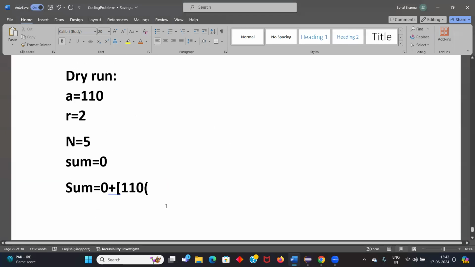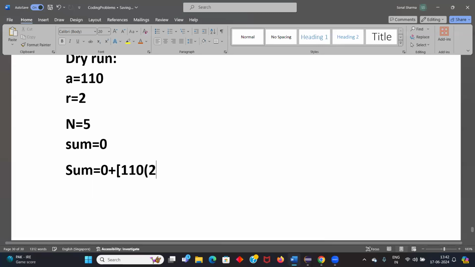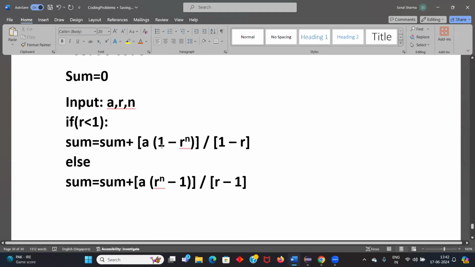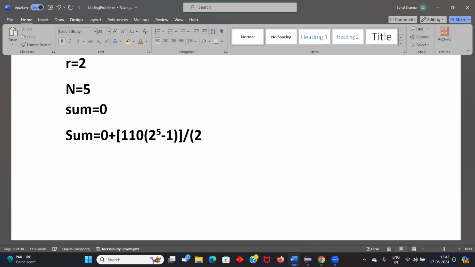So R raised to power n, so 2 raised to power 5, minus 1, divided by R minus 1. R is 2, minus 1, which is 1 only actually.